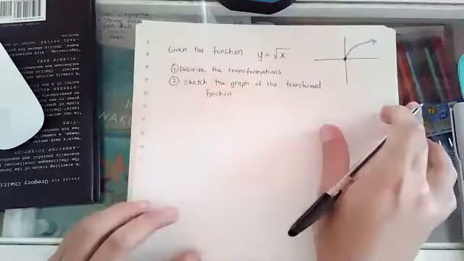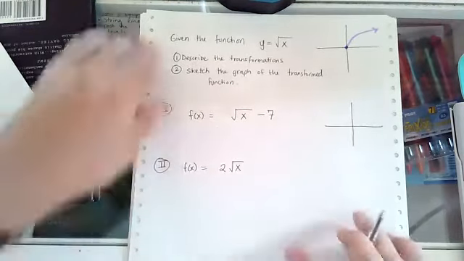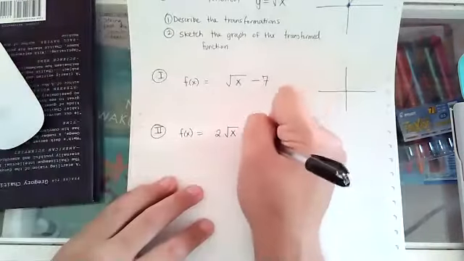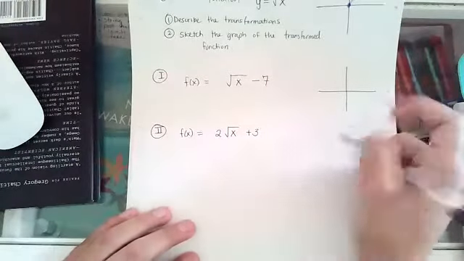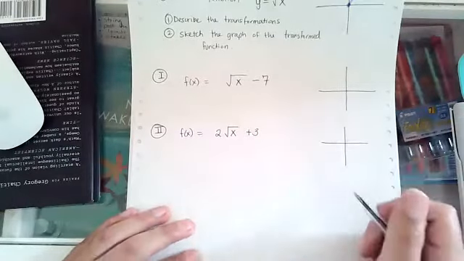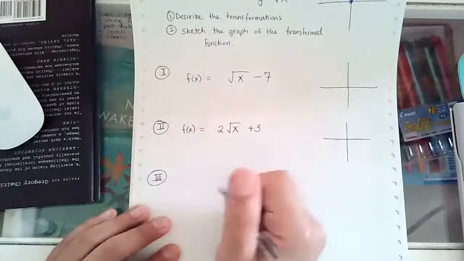If I gave you f of x is equal to 2 times the square root of x plus 3 on the outside, verbal description, sketch of the graph. f of x is equal to negative square root of x plus 2.